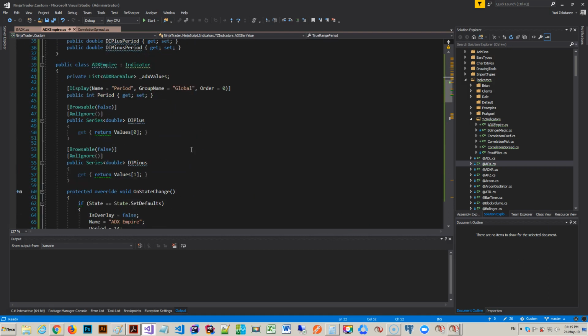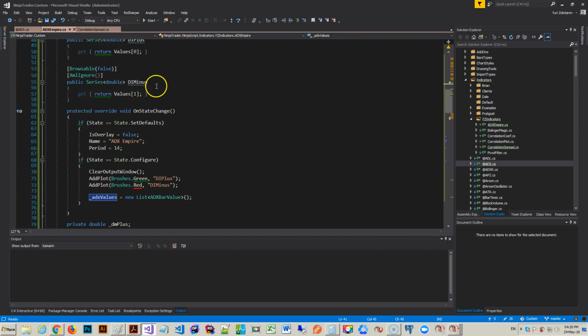I only need two series doubles for DI plus and one for DI minus, and I only have one parameter, which is the period. I also create one private list of ADX bar value, and I call it ADX values.